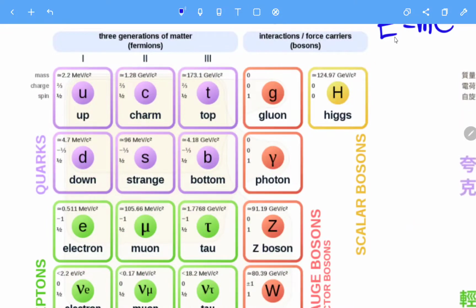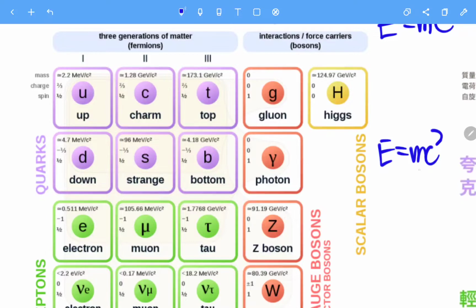So you can see here, actually the proton and neutron are constructed with up and down quarks, and this is the mass. It does not use kg for the unit; rather, it uses MeV over c squared, because you should know E equals mc squared.